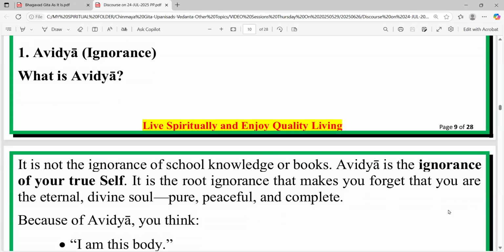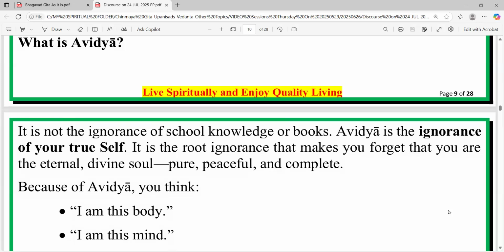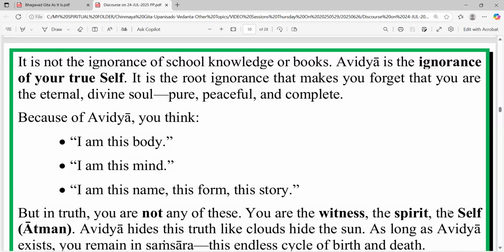Number one, what is avidya? It is not the ignorance of school knowledge or books. Avidya is the ignorance of your true self. It is the root ignorance that makes you forget that you are the eternal divine soul, pure, peaceful, and complete. Because of avidya, you think, I am this body, I am this mind, I am this name, this form, this story.